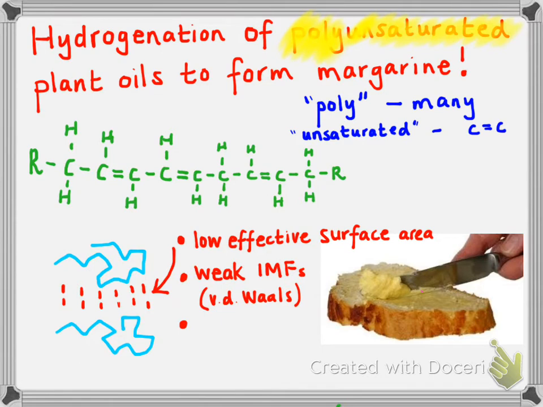And so, because of those weak forces, we end up with a low melting point for that particular substance, which means generally at room temperature, these oils are liquids. And obviously, in terms of margarine, that's not very practical. And so, chemists use the process of hydrogenation to try to change that and increase the melting point.